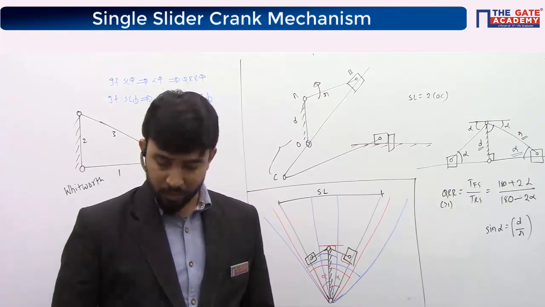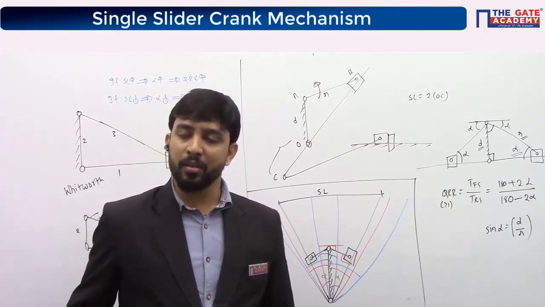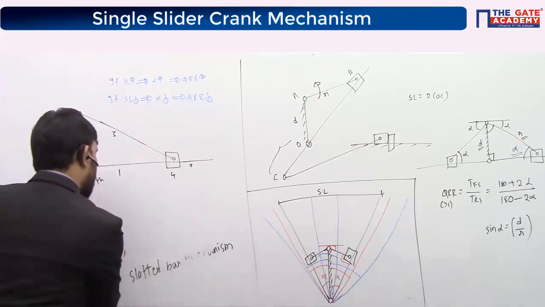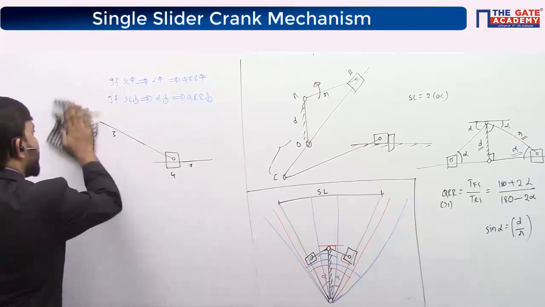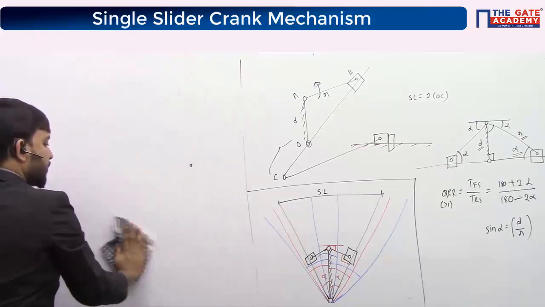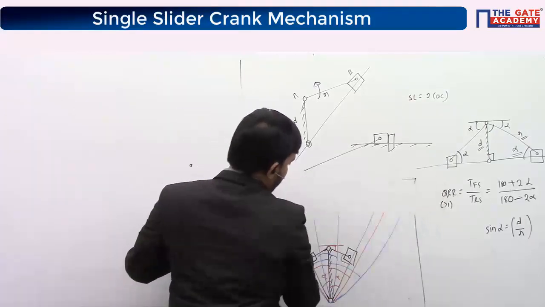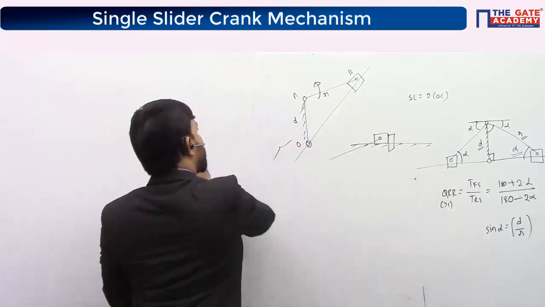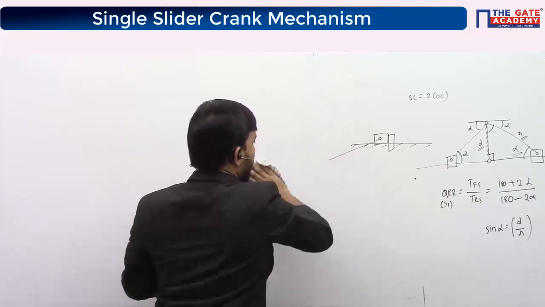Therefore, Whitworth mechanism is suitable for both smaller and larger stroke lengths, whereas slotted bar mechanism is suitable only for larger stroke lengths.